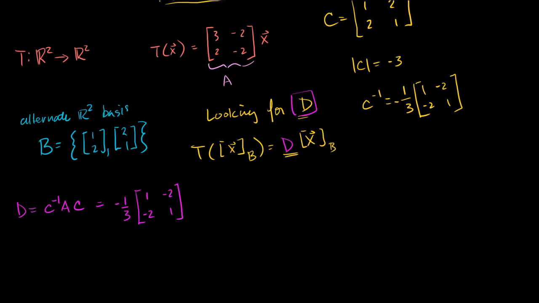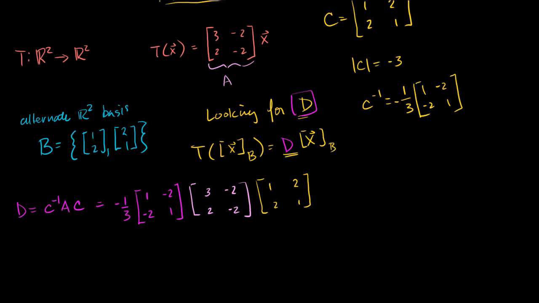I like to switch colors. So C inverse times A. A is right there, so times 3, minus 2, 2, minus 2, times C. C is right there, I'll do it in yellow. Times C, which is 1, 2, and then 2, 1.